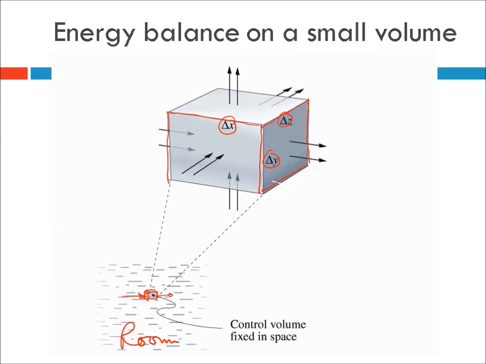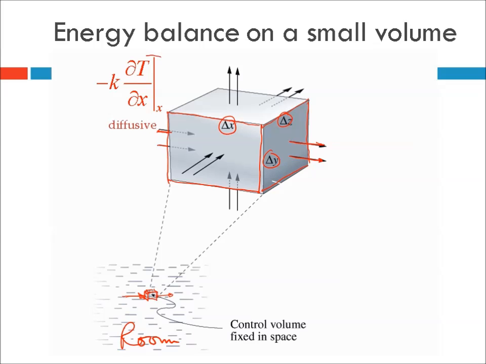And now, as I said, we bring in the modes of heat transfer, meaning how energy can get into this control volume and get out of this control volume by different modes. So the first one is we want to consider conduction.